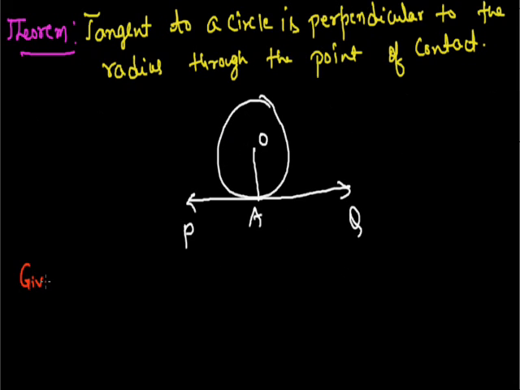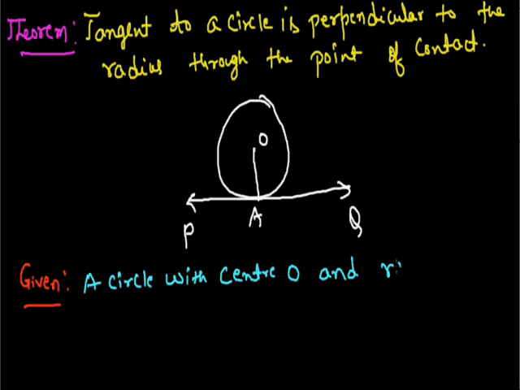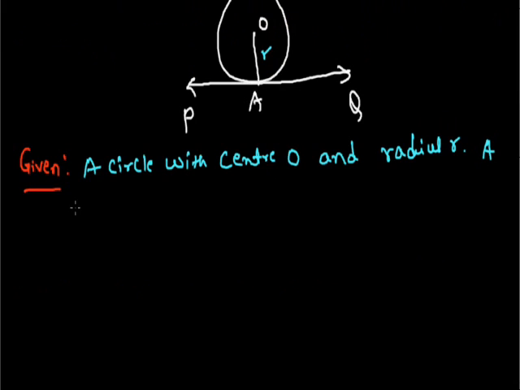So given a circle with center O and radius R, a tangent PQ at point A.